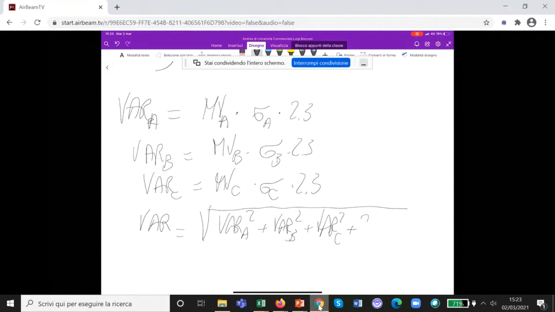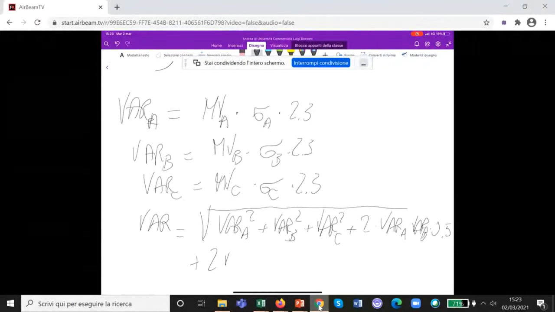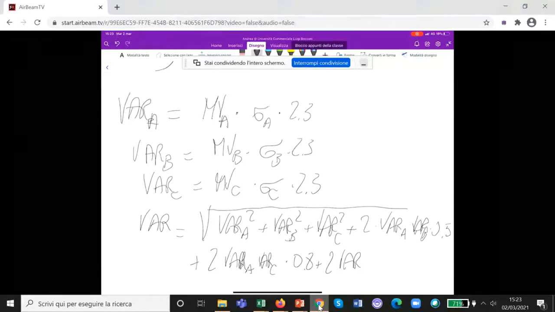So, for example, twice the value at risk of A times the value at risk of B times the correlation between A and B, which is equal to 0.5. Okay, plus twice the value at risk of A, value at risk of C times the correlation between A and C, which is 0.8, plus twice, and so on, times the correlation between the two, which is 0, okay?